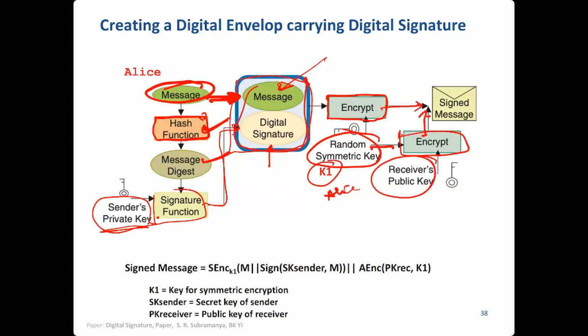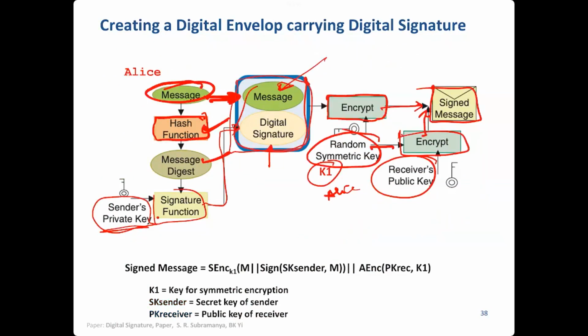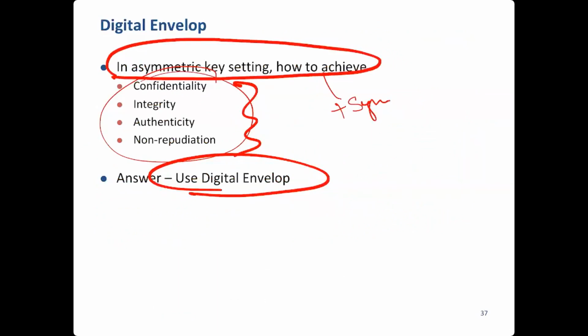This is the signed message. Once it goes to Bob, he does exactly the reverse to get the original message M, which has all these properties now. Please go through this.